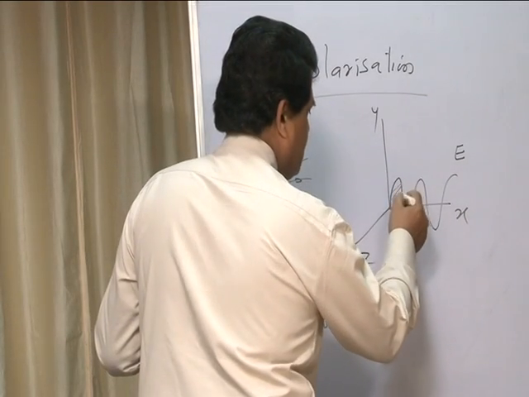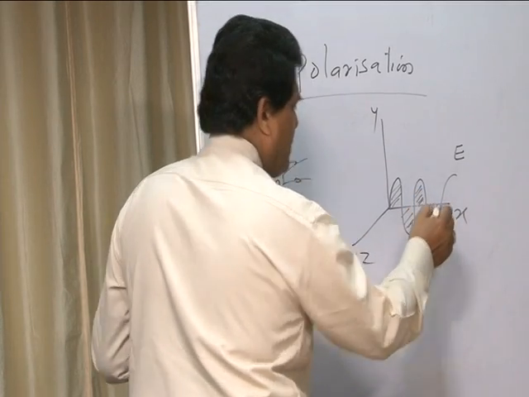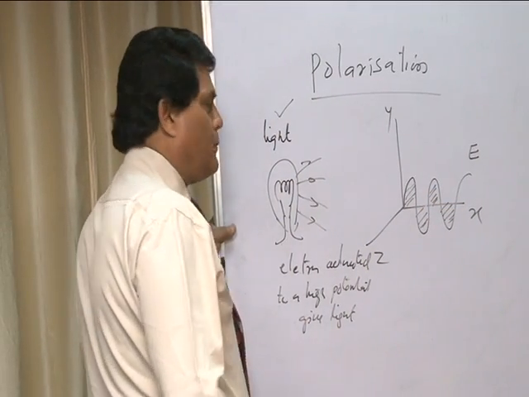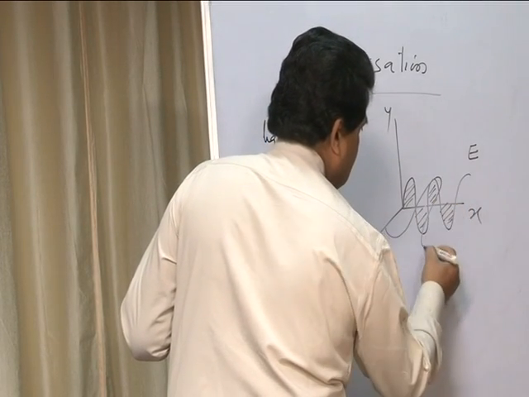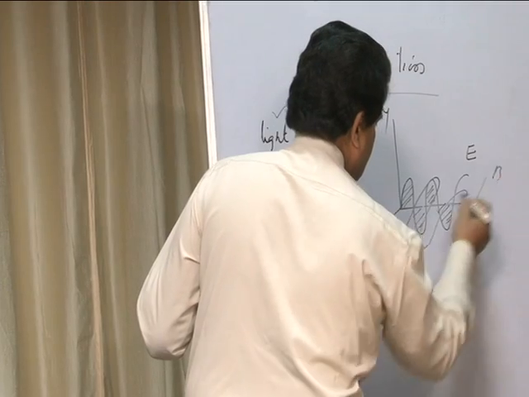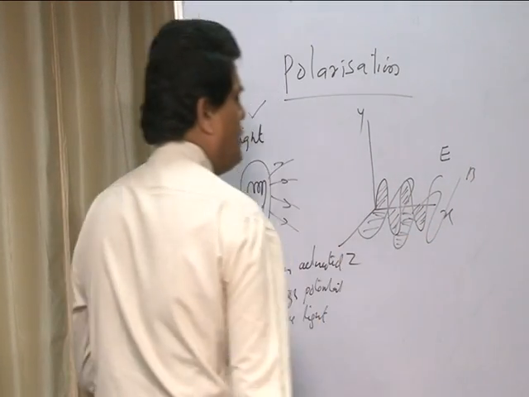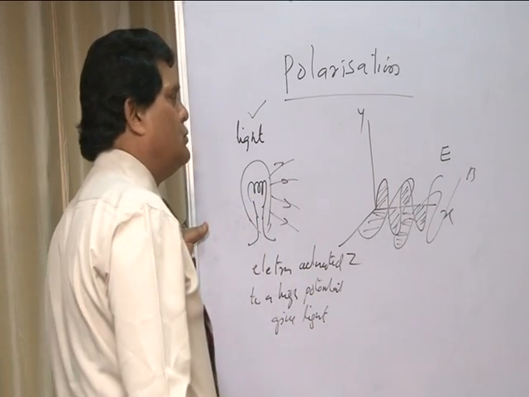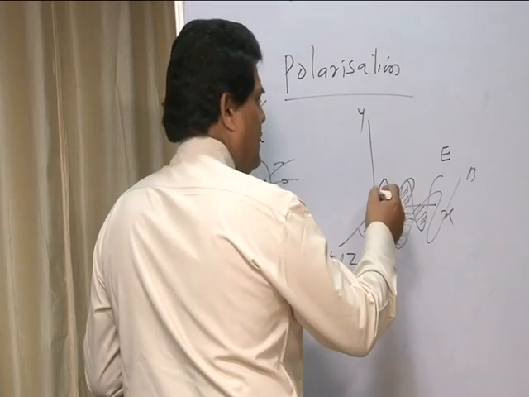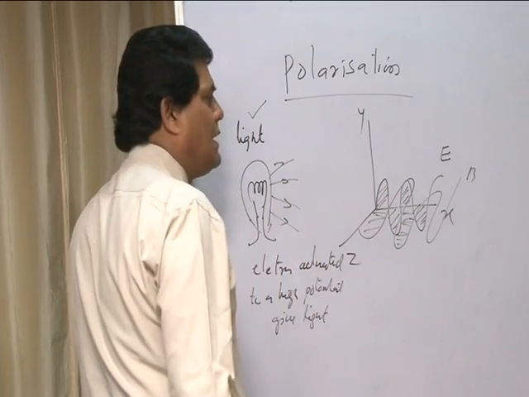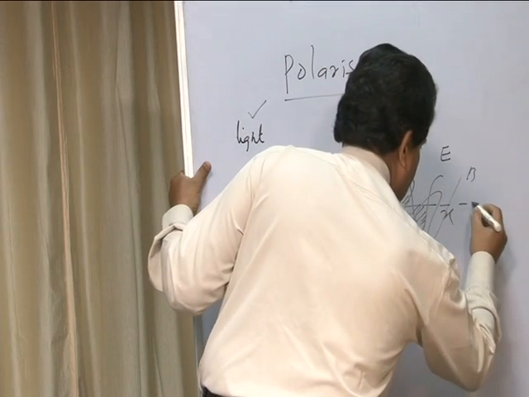Now, in fact, it also has a magnetic property, and the magnetic property of the light will be along this direction. So that is, say B. So these two are mutually perpendicular to each other. The magnetic property in a light will try to guide as a result. So this is the propagation.